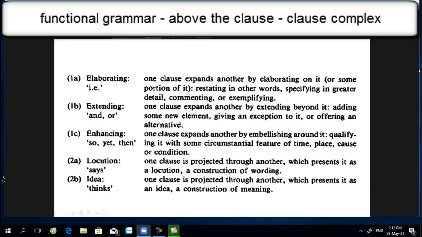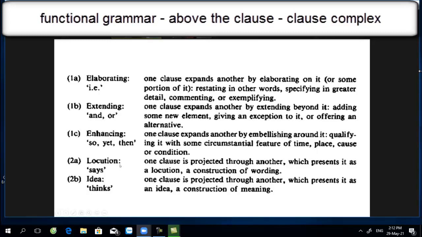And the most common one we see is and, or, the conjunction, right? And for enhancing, you have some words like so, yet, then, or but. For this one, one clause expands another by embellishing around it, qualifying it with some circumstantial feature of time, place, cause, or condition.